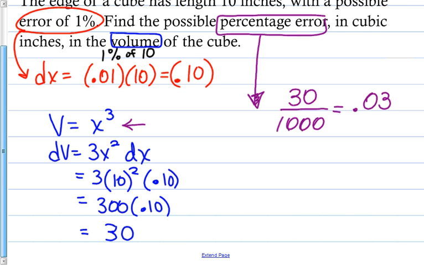So the 0.03 is a decimal. It's not really a percent, right? This is just me dividing 30 by 1,000. So the percentage error is 3%. Okay, there's a 3% percentage error. Right, next.